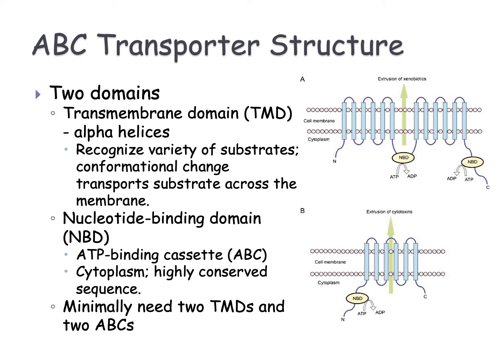So these proteins generally have two domains. One is the transmembrane domain that's involved in the actual transport, and then the nucleotide binding domain, which binds to ATP and facilitates the transport. So this is an energy requiring mechanism.